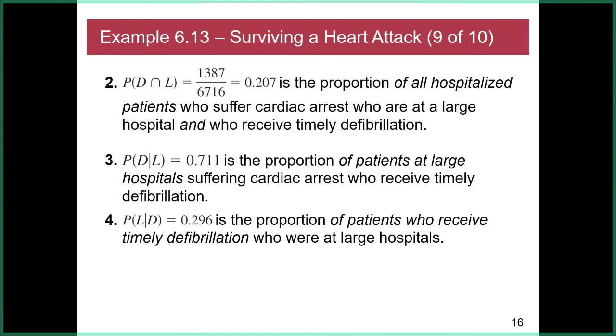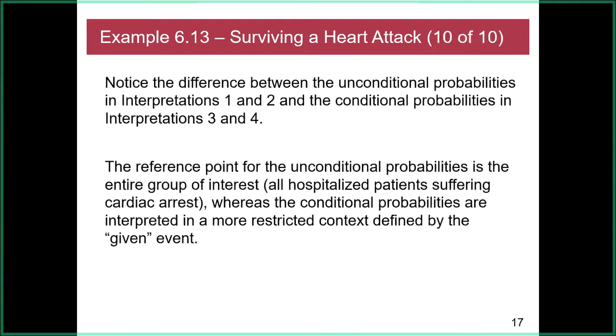And there are other conditional probabilities that we can go through, and this is just a breakdown. Seeing that probability of being defibrillated on time given you're at a large hospital is a much different probability than the probability of being at a large hospital given that you were defibrillated. They are not symmetric.